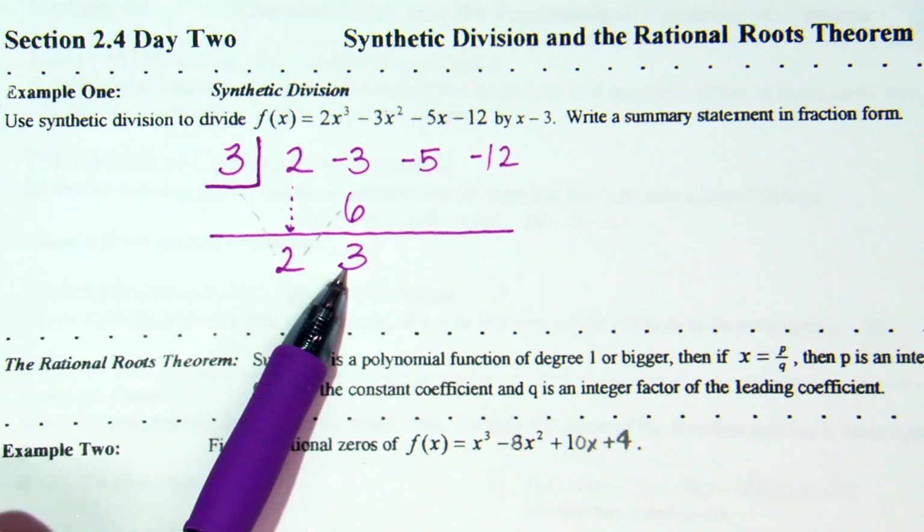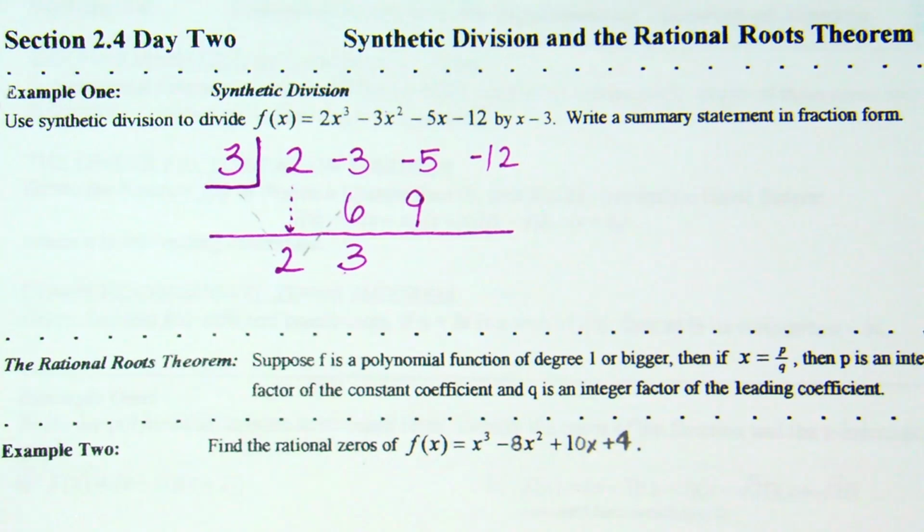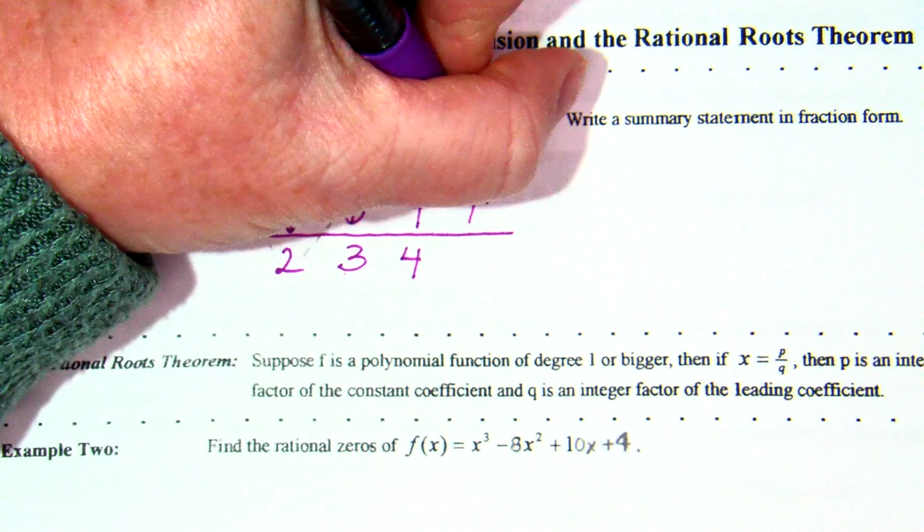We always go back and grab this 3 here times our newest number. 3 times 3 is 9. 9 sits under negative 5. And we add. Negative 5 plus 9 is 4. And we multiply now. 3 times 4 is 12. And we add. Negative 12 plus 12 is 0.